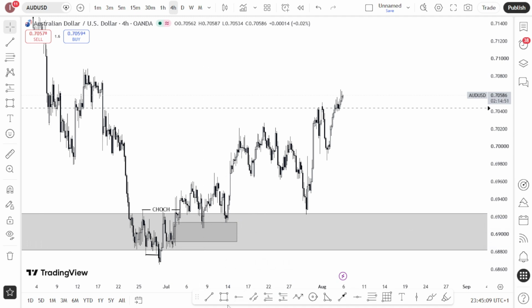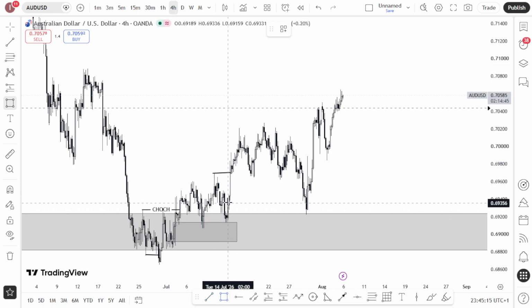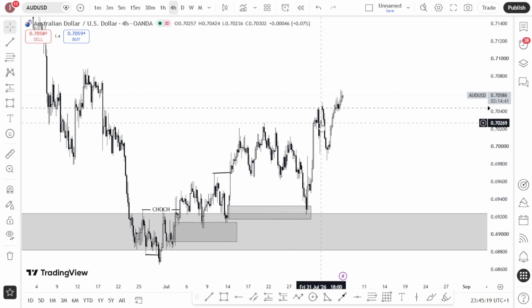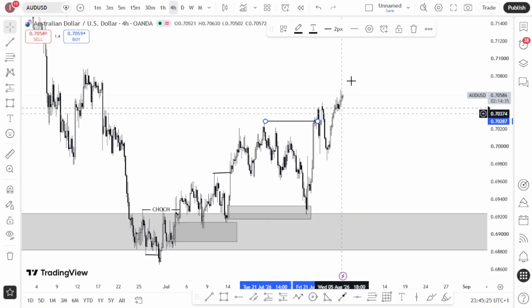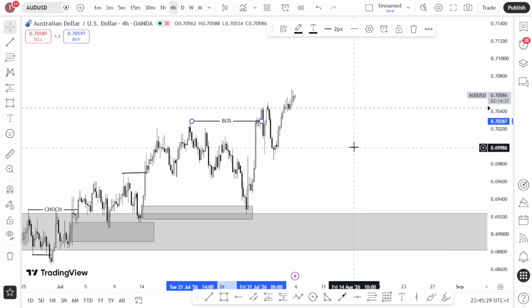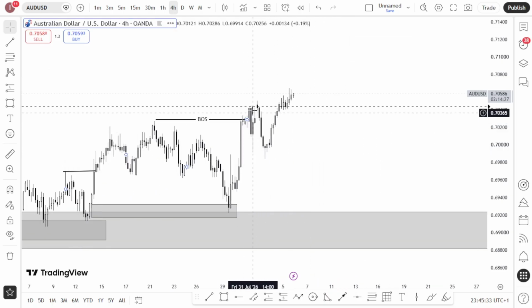Now after tapping in, look at this push up again, causing a new breakout structure, and it came back to tap into the origin again and still pushed up again to give a new breakout structure here. So when I came into the market, I saw this breakout structure.